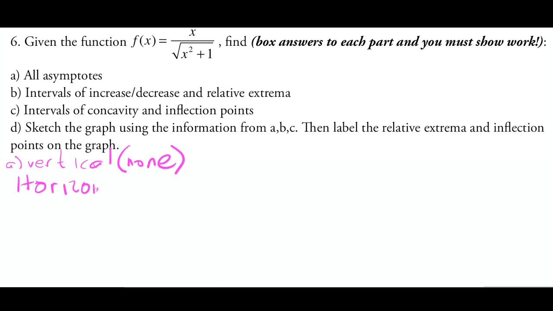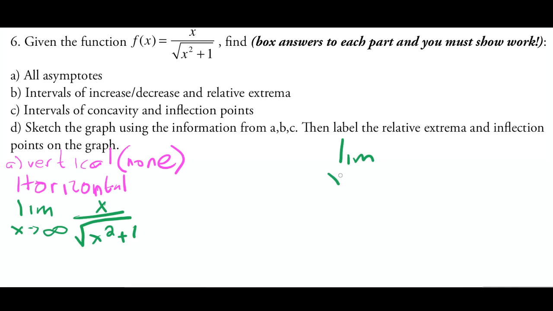Horizontal asymptotes, though, remember that you have to find the limit as x goes to infinity, and also the limit as x goes to negative infinity, because a lot of times they go to different spots.